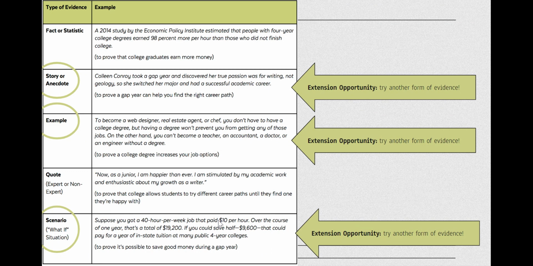If you look at the bottom of my screen here, you'll see this person in this example wrote a scenario based on research they did, but they kind of took it to the next level and came up with a fictional scenario for their argument that supported their claim, right? You could also try an example, as you can see in the middle of my screen, or you can tell, kind of similar to the last slide, a pretty specific story or anecdote to prove your point.